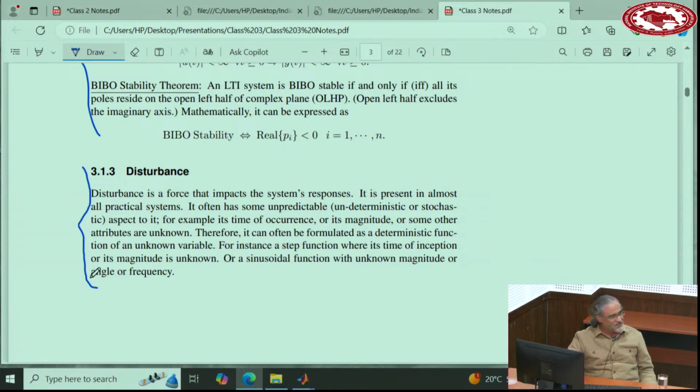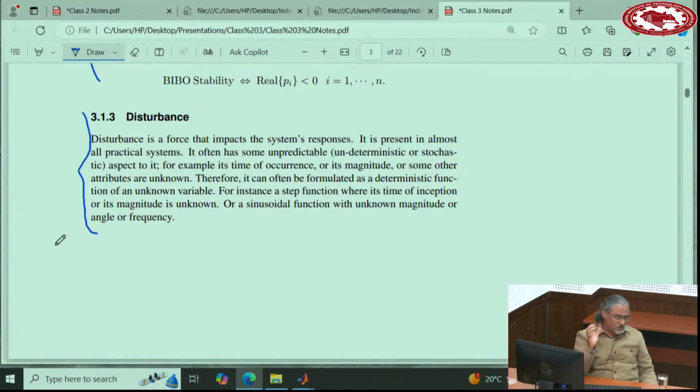There is another thing that can happen, which is disturbance. Disturbance is a force that comes from outside to the control system, and you do not know exactly when and how much it happens. Right? That's the definition. Or there is at least one factor of stochastic nature in that disturbance.